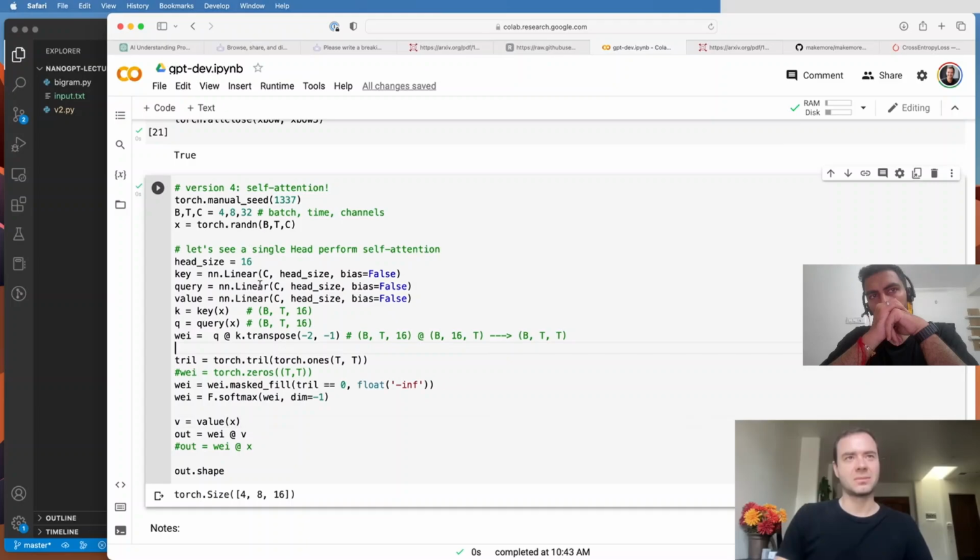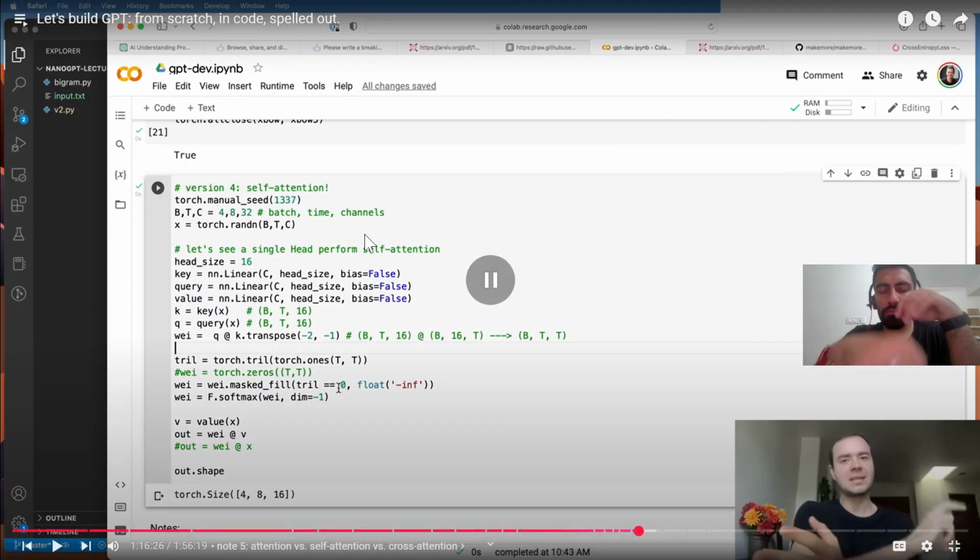But in principle, attention is much more general than that. For example, in encoder-decoder transformers, you can have a case where the queries are produced from X, but the keys and the values come from a whole separate external source, sometimes from encoder blocks that encode some context that we'd like to condition on.